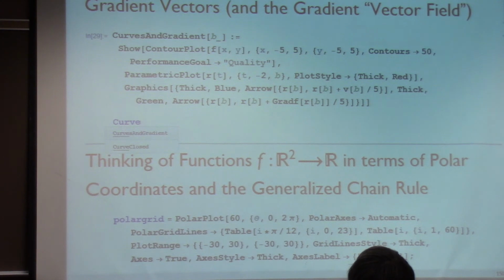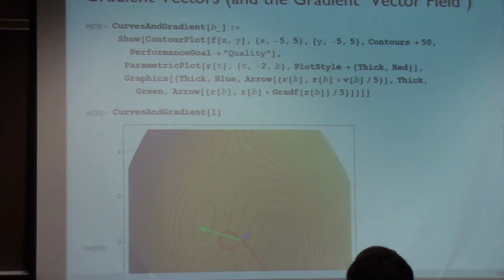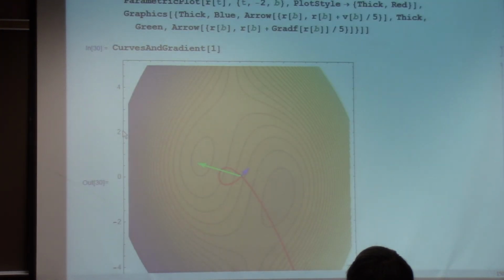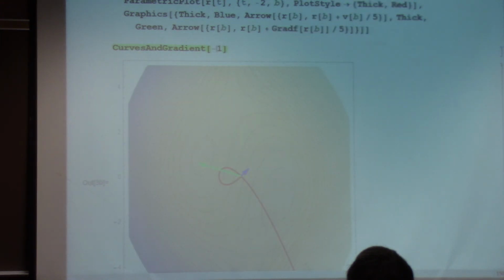Curves and gradient of 1, for example, produces a graph for output, this graph. Curves and gradient of -1 produces a different graph, the picture when b was -1. Looks like that. -1.5 looks like that.